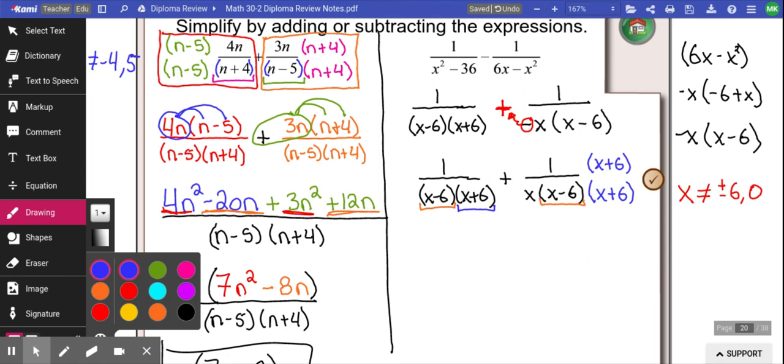First fraction is now done. I look at the second fraction and I notice, hey, there's this monomial x. That means the first fraction needs a monomial x. And what I do to the bottom, I do to the top.